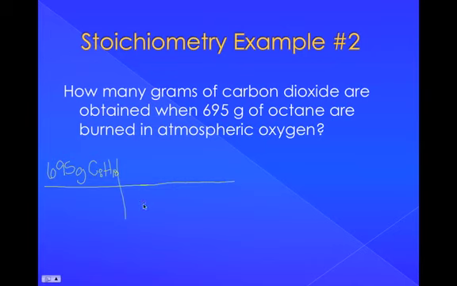The molar mass of octane is what we're going to start with because we need to convert this to moles. So the molar mass of this particular compound is something like 114 grams of octane to every 1 mole.